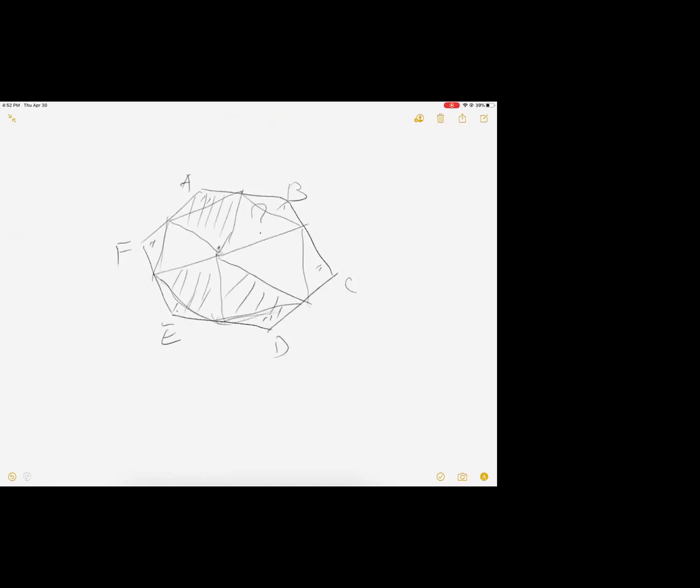For each of these quadrilaterals, if you get rid of this little triangle, the remaining triangles have a relationship. The area of this triangle plus this one equals this triangle plus this triangle. So in a regular hexagon, this area plus this area equals this area plus this area.